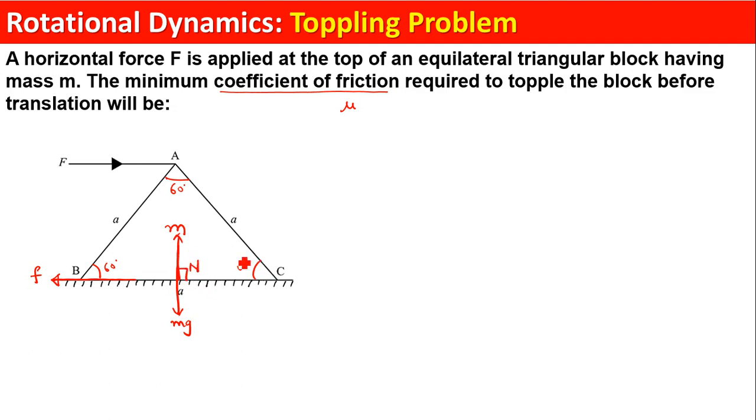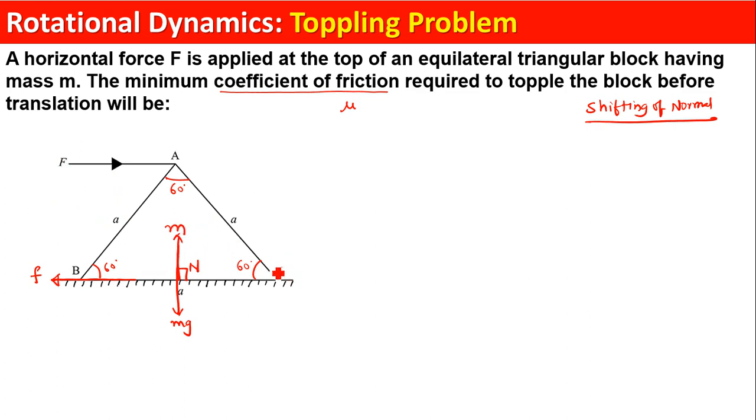In this toppling problem, only one thing you need to understand: the shifting of normal. Initially, when there is no force, the normal reaction is exactly opposite to mg, passing through the center of mass. As soon as you apply the force, the normal reaction starts moving towards the direction of the applied force.